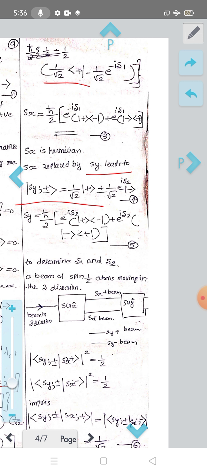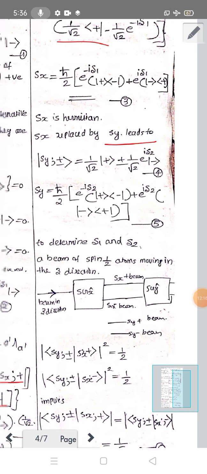So now we already said delta 1 and delta 2 are taken to be real. We want to find what delta 1 and delta 2 are. So for choosing delta 1 and delta 2, consider a beam of spin half atoms moving in the z direction.